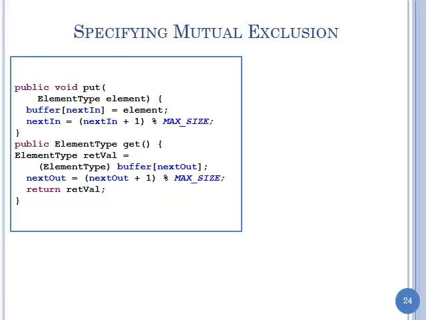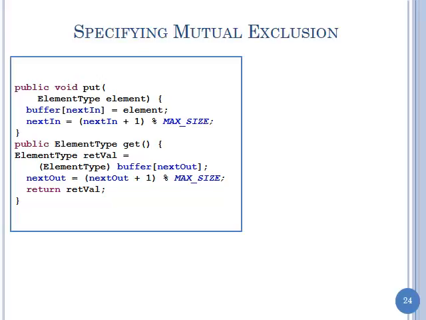So let's see how we can apply this new bag of tricks to the producer-consumer problem, and we'll assume that we have just the put and get methods. Remember we removed all synchronization code, so there's no size field.